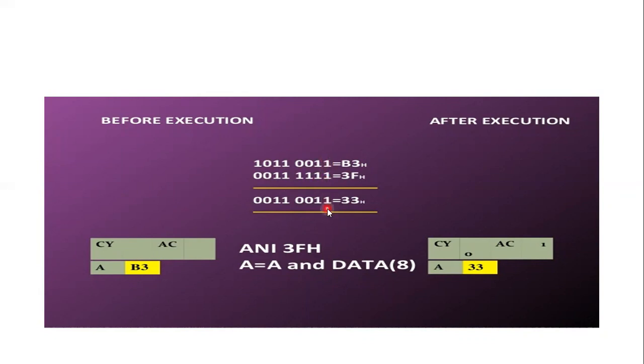So 1 and 1 is 1, 1 and 1 is 1, 0 and 1 is 0, 0 and 1 is 0, 1 and 1 is 1, 1 and 1 is 1, 0 and 0 is 0, 1 and 0 is 0. Therefore this is 3 3. Therefore after execution the accumulator has the value 33, and the carry is set to 0, auxiliary carry is set to 1.